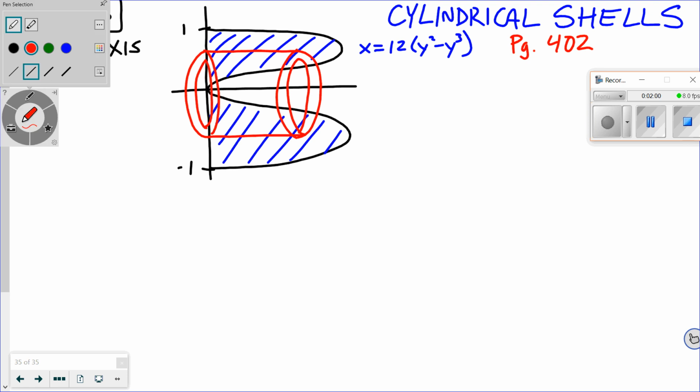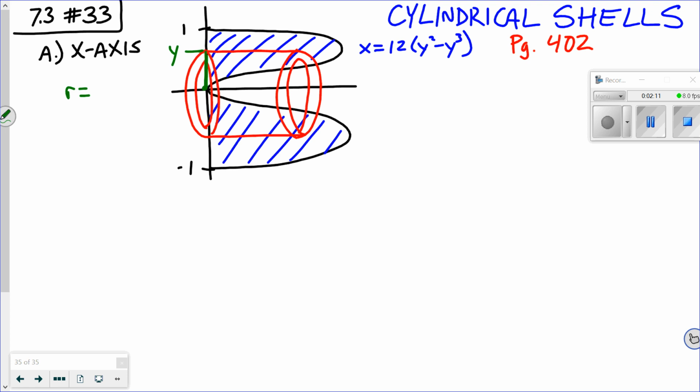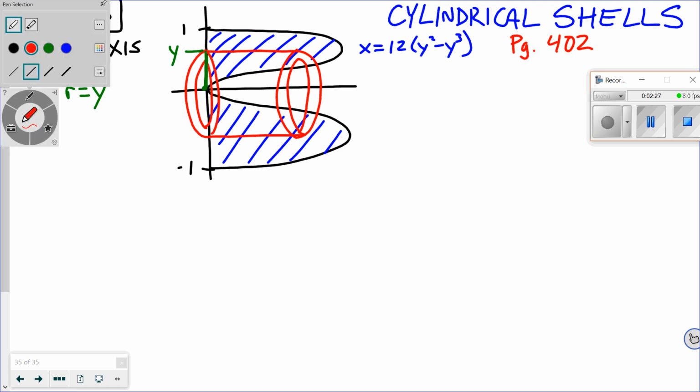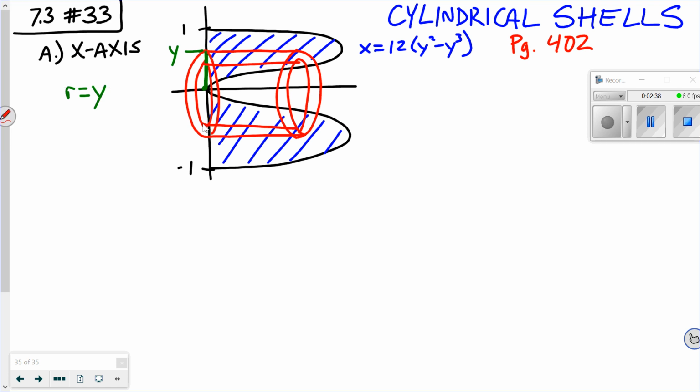Well, looking at it, the radius of my cylinder would just be some y value. Now the cylinder has a big gap through the middle of it, right? It's just a cylinder with a hole through the middle. So to find the volume, I could unfold it, and it would just be a giant prism.